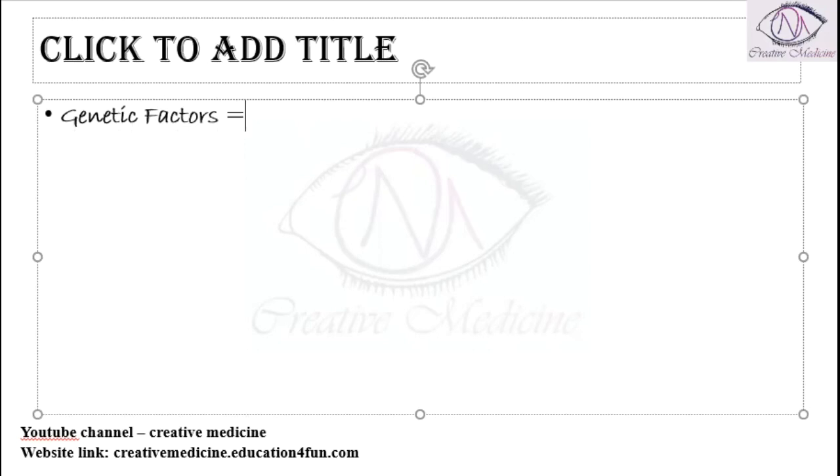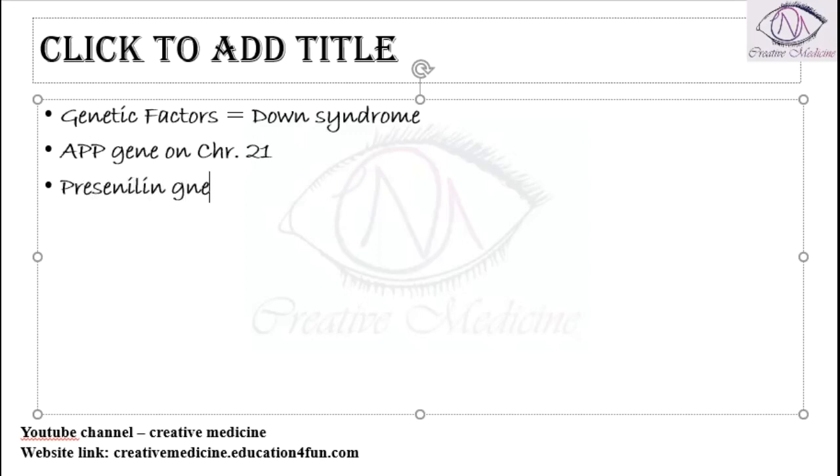genetic factors include mainly Down syndrome. Actually, there is a gene called the APP gene present on chromosome 21. If there is any mutation in this APP gene, this will result in Alzheimer's disease. Similarly, there is the presenilin gene.